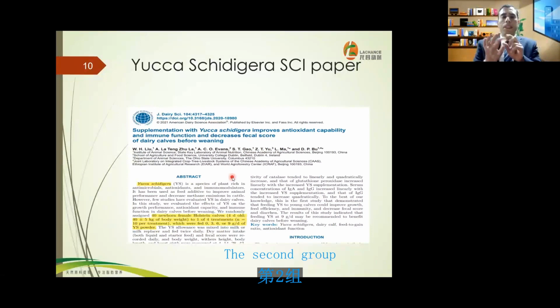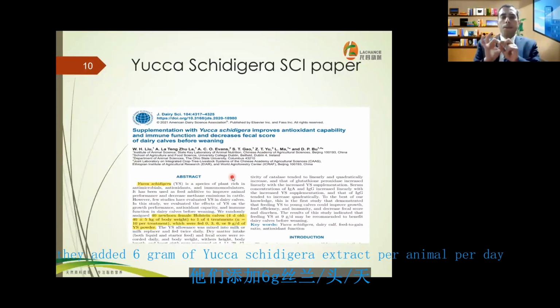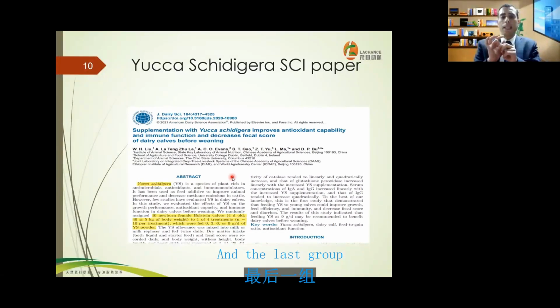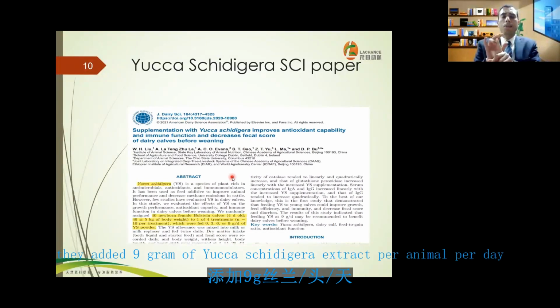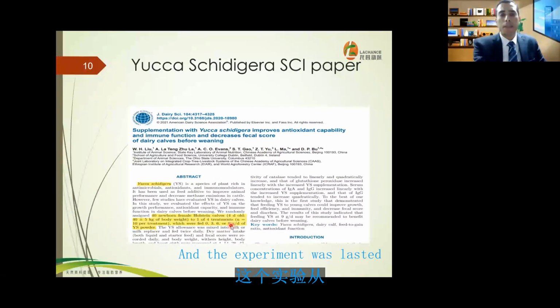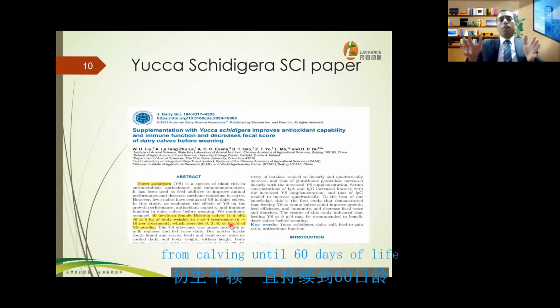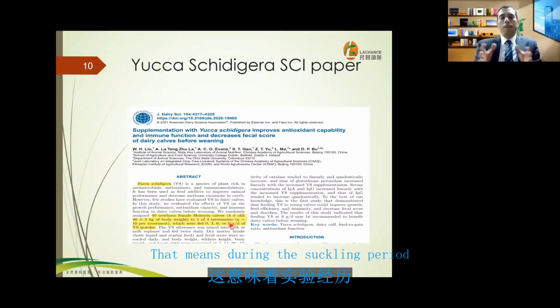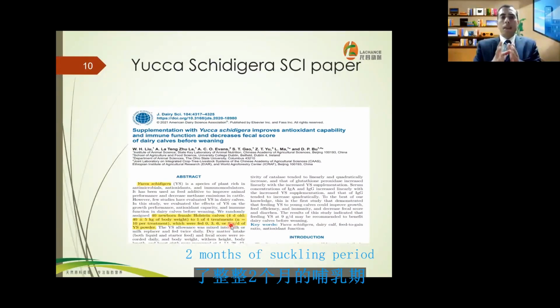The second group added 6 grams of Yucca extract per animal per day. And the last group added 9 grams of Yucca extract powder per animal per day. The experiment lasted from calving until 60 days of life, meaning the 2 months of the suckling period.